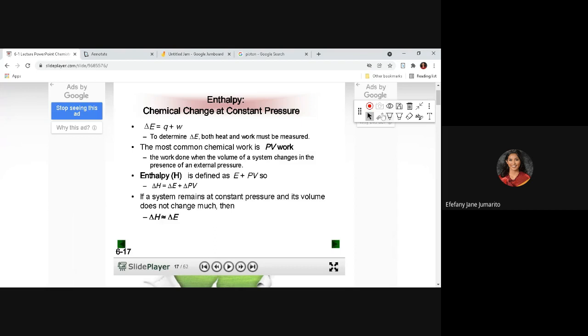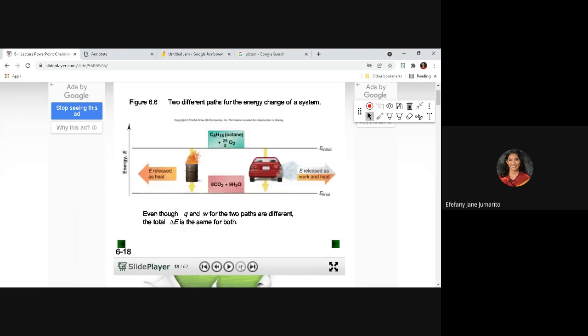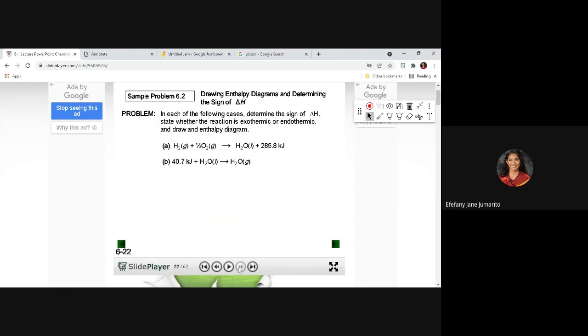Delta H is equal to delta E plus the work. Now we have hydrogen gas and oxygen gas, forming liquid water. So in this reaction, is it endothermic or exothermic?